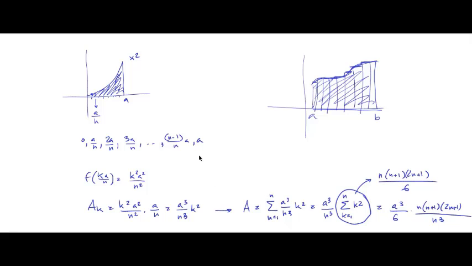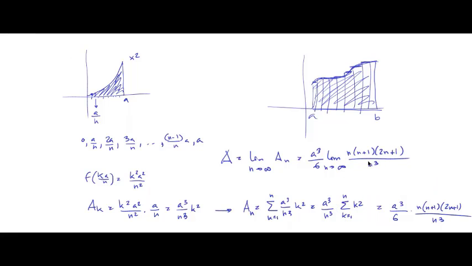Now the idea that we were saying is that, let's call this A_n. This depends on the number of intervals. The actual area, if this procedure works, is what happens when the number of intervals goes to infinity, the limit as n goes to infinity of this area A_n, right? And so this limit is a cubed divided by 6 times the limit of (n plus 1)(2n plus 1) n divided by n cubed.